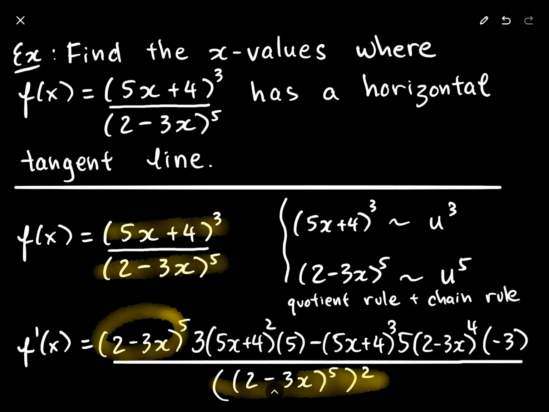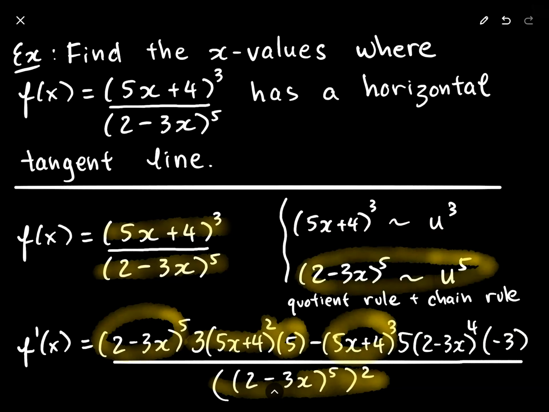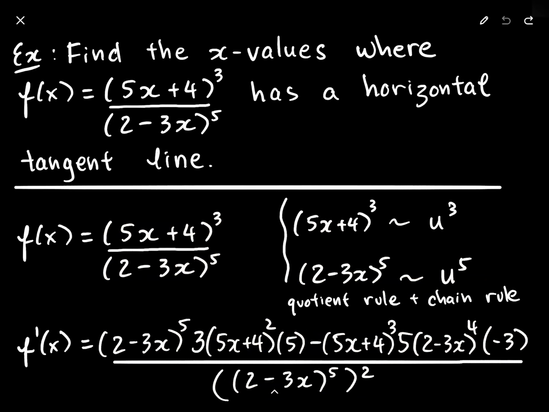Then we'll take the derivative of u cubed, which will be 3u squared times u prime. And then we'll have a copy of the top. And then for the derivative of the bottom, we'll take the derivative of u to the 5, which will be 5u to the 4 times u prime. So that's the derivative, and next we'll simplify.